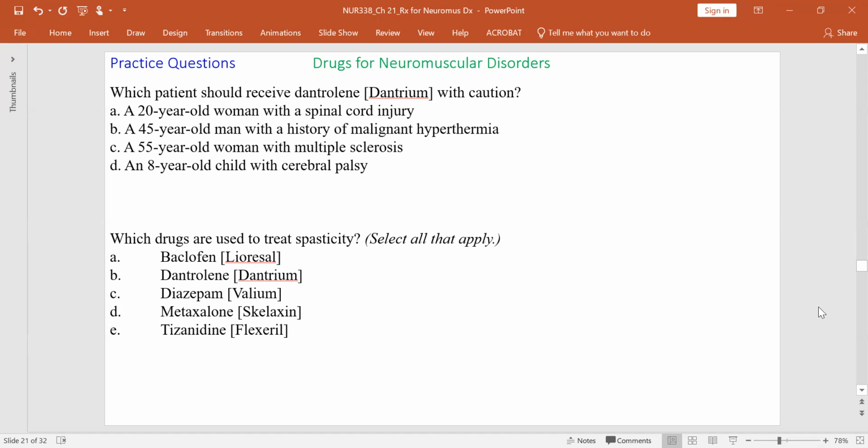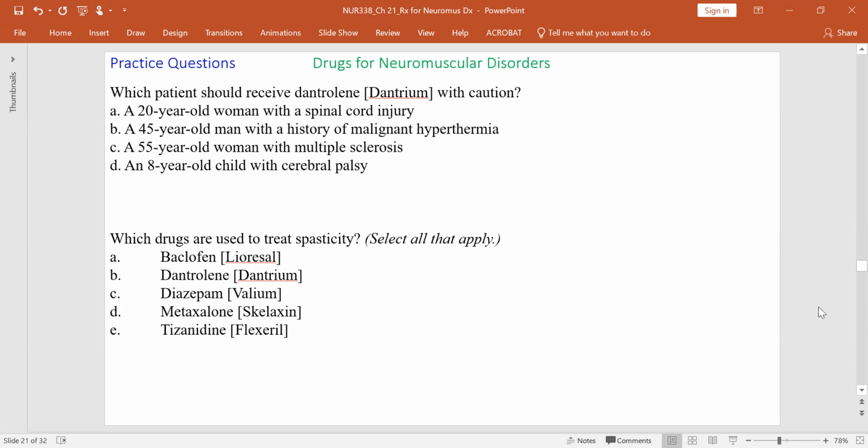Next question, which drugs are used to treat spasticity? Select all that apply. So the drugs that would treat spasticity among the five agents would be baclofen, dantrolene, and diazepam.